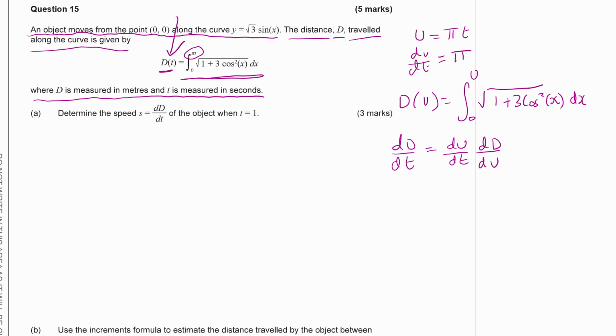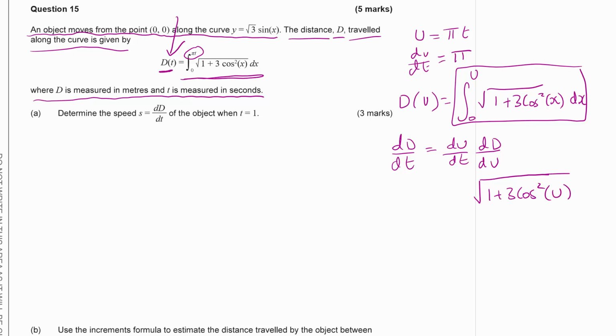And the fundamental theorem of calculus tells us that this would just end up being the square root of 1 plus 3 cos squared u. And of course, u is equal to pi t, so we'll replace that with pi t. And du/dt is pi, put a pi in front there, and that's what we get.